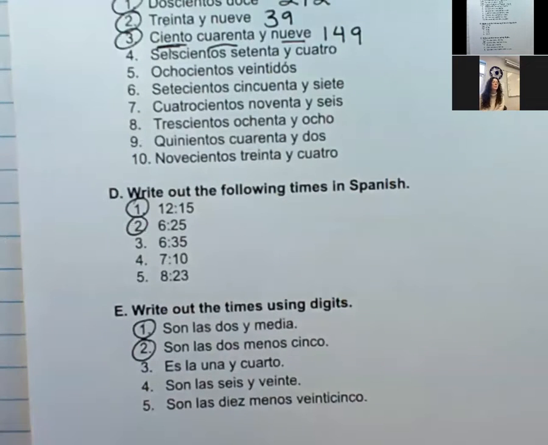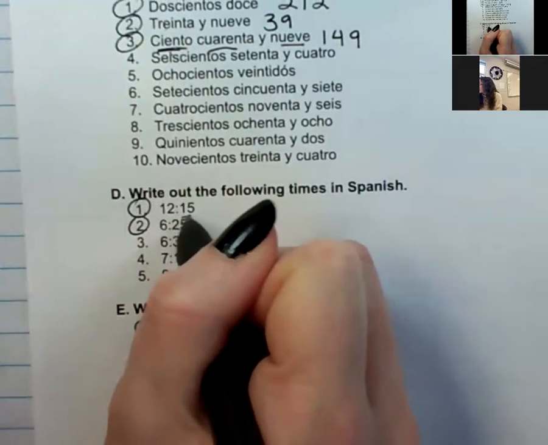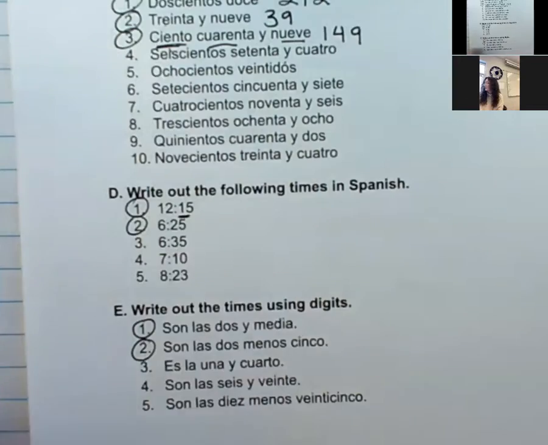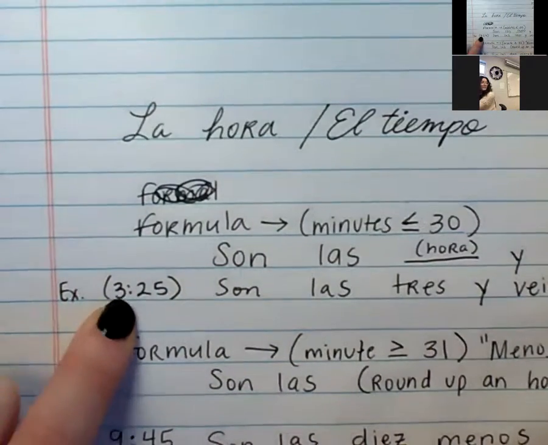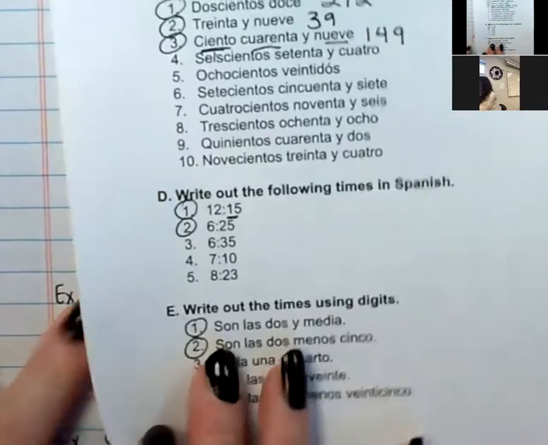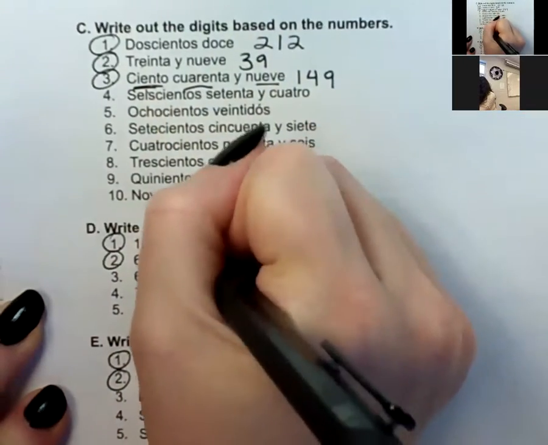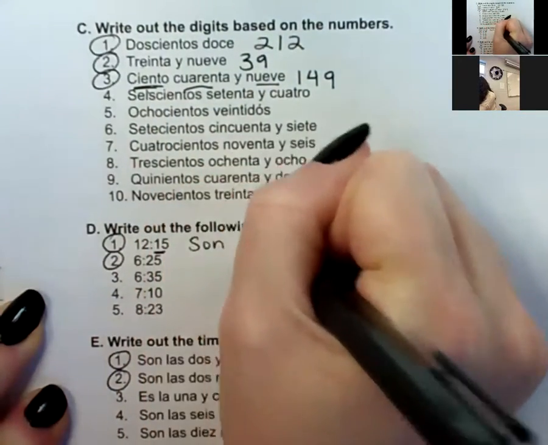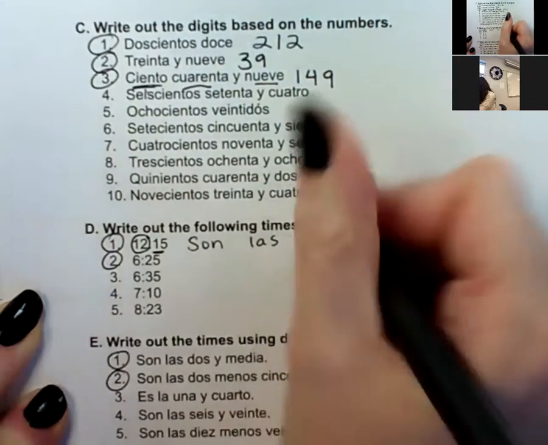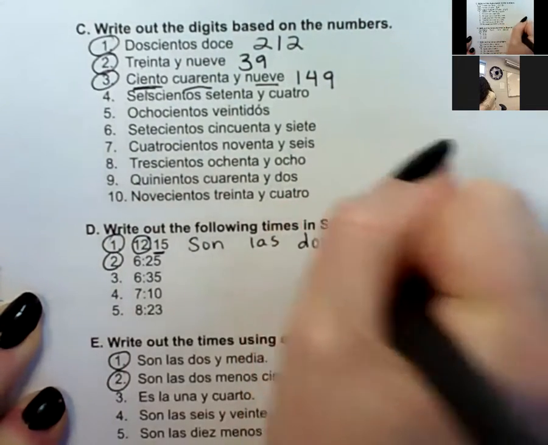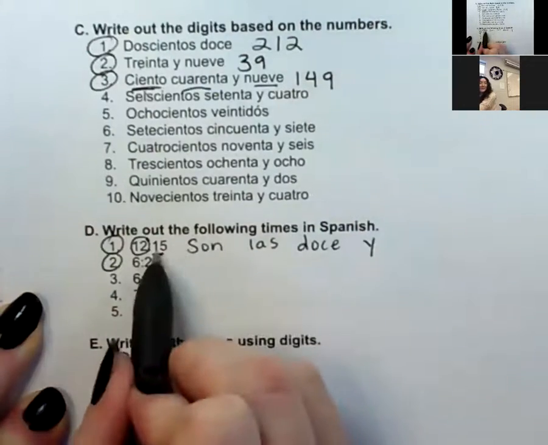Okay. So number 1 from section D, we are going to do 12:15. And since the minutes are less than 30, we're going to use formula 1 up here. So we have son las, and then the time or the hour, y, the minutes.